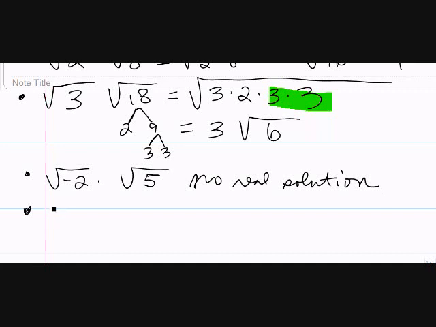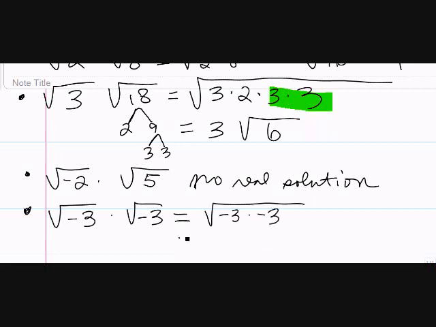But if I have the square root of negative 3 times the square root of negative 3, even though the square root of negative 3 is undefined, this one I actually do have a defined value of, and that is the square root of negative 3 times negative 3.